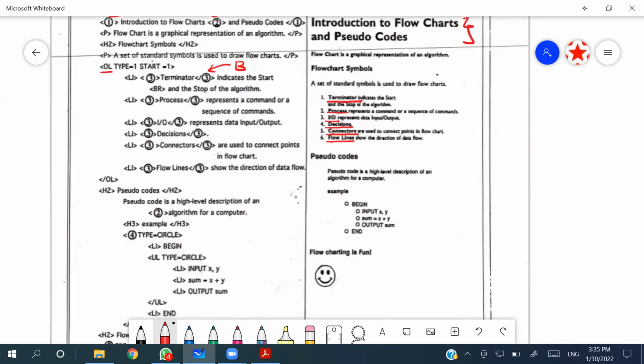And here we have answered for the second one, so we don't need to worry about that. And what we have to worry about is this. So type equals circle. Circle is something that we can take to create an unordered list. So 4 is going to be a UL.